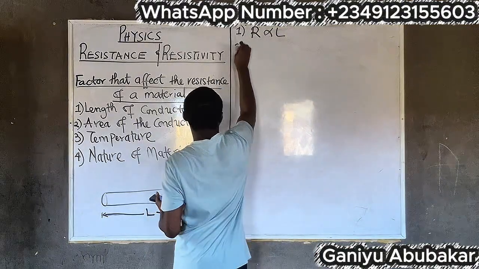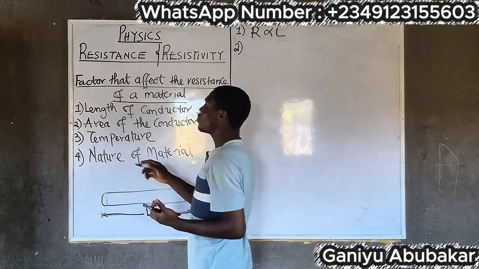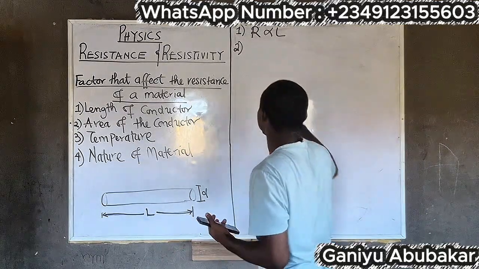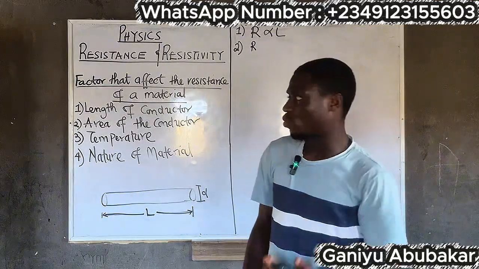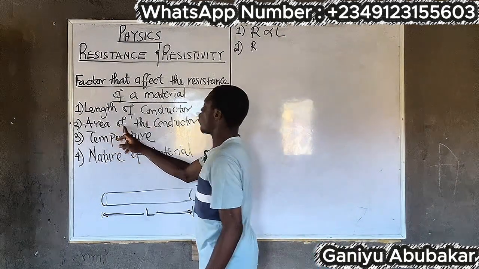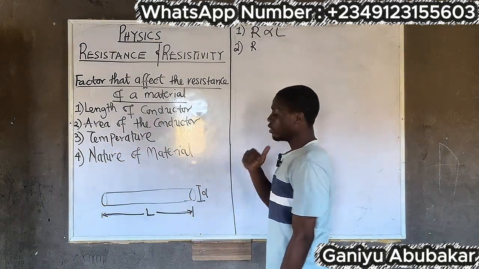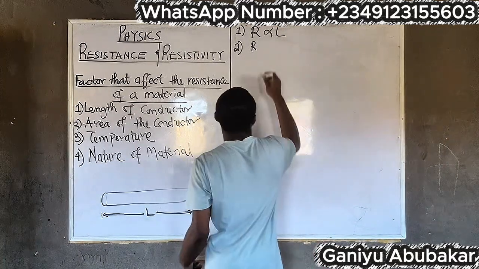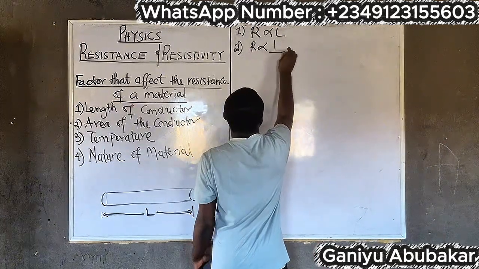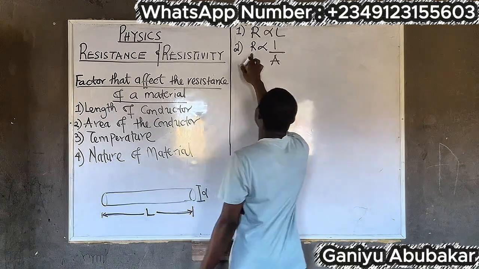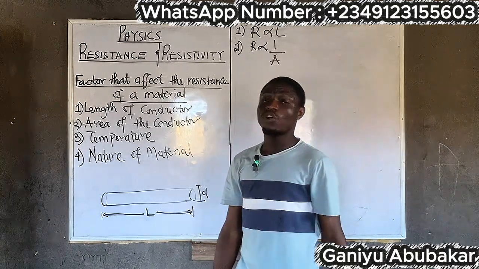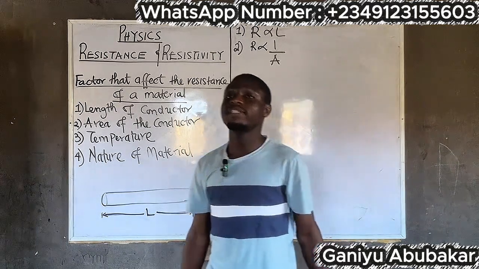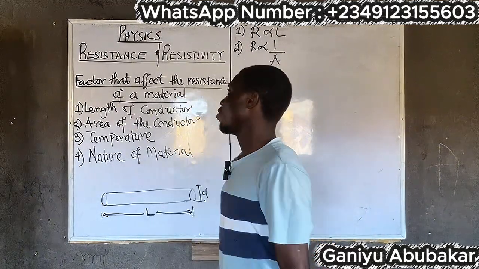Number two, area of the conductor: the more the area, the lesser the resistance. So R is inversely proportional to area. So the more the area, the lesser the resistance. I use inverse to express lesser in area because they're not the same thing.